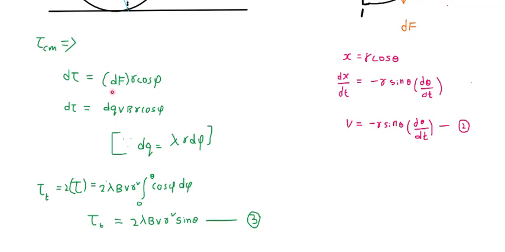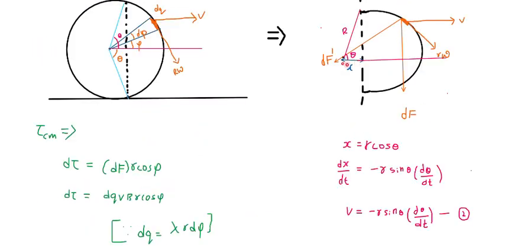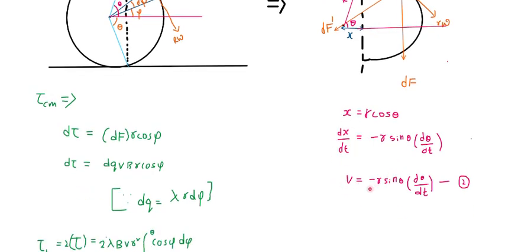For dF, we know the formula dq v B into r cos phi. I wrote dq as linear charge density into r d phi. Here x is the displacement of the center of mass, and from this we get the velocity v. So x equals r cos theta. If we differentiate with respect to time, we get v equals minus r sin theta times d theta by dt, equation 2.